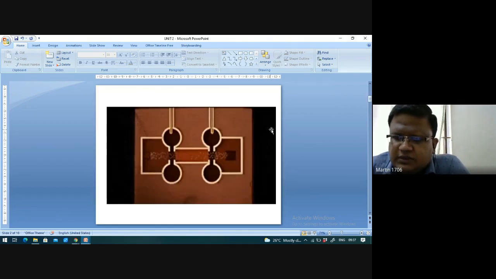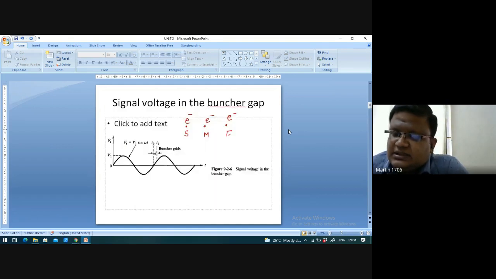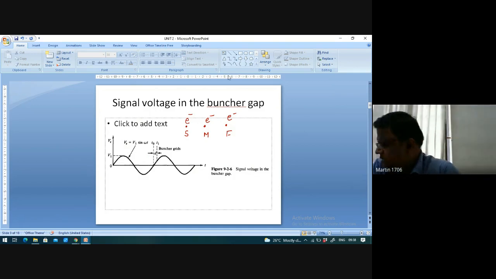There you can have some characterization graphs also. In the last class I explained with the help of a slow electron, a moderate electron, and a fast electron how the acceleration and deceleration take place.